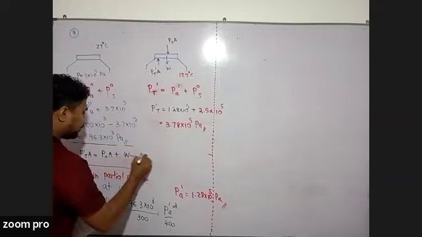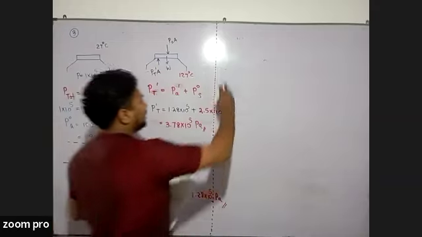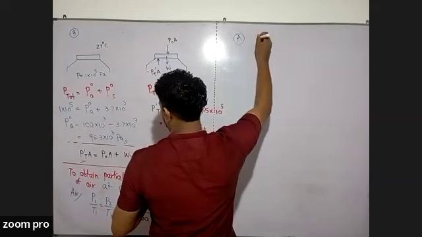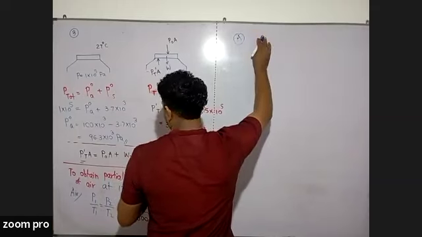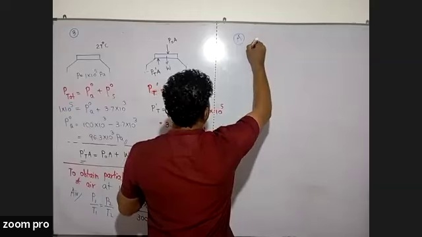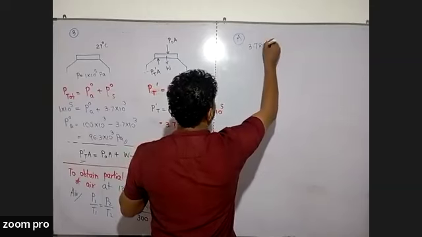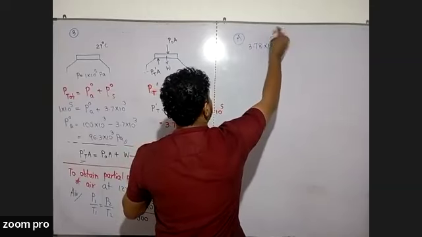Let's consider this equation as A. If you substitute the values into equation A, P' into A, that means 3.78 into 10 to the power 5.